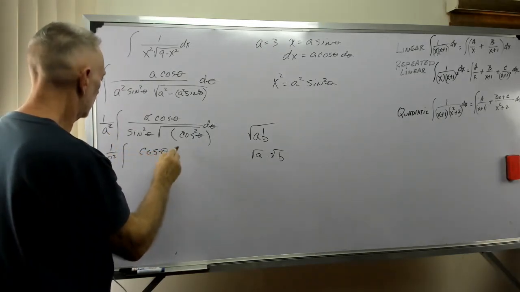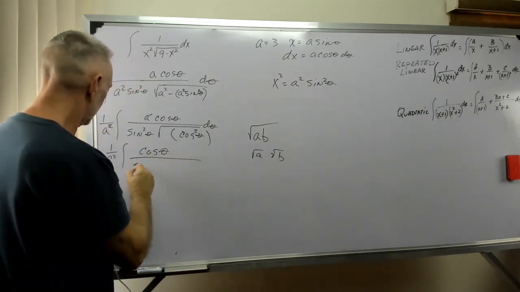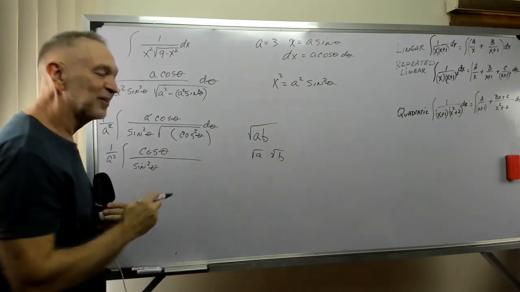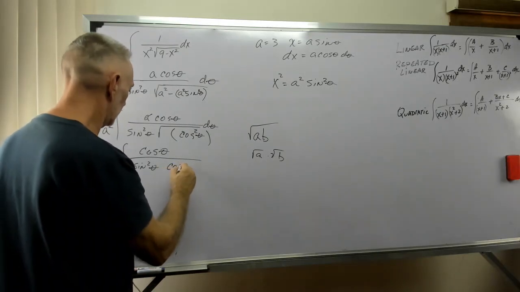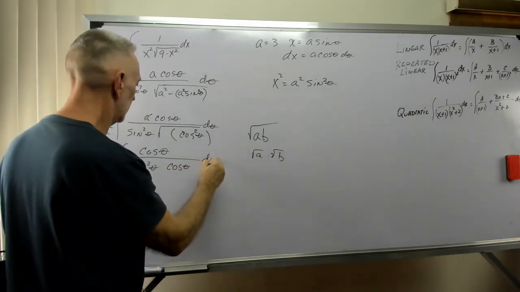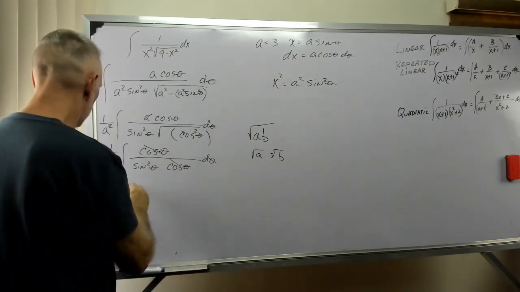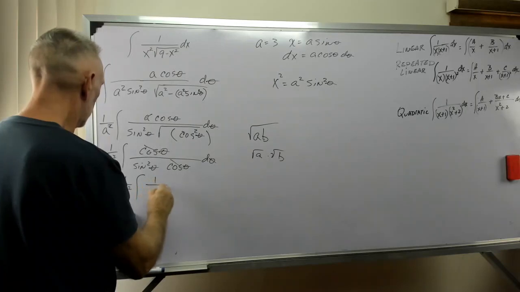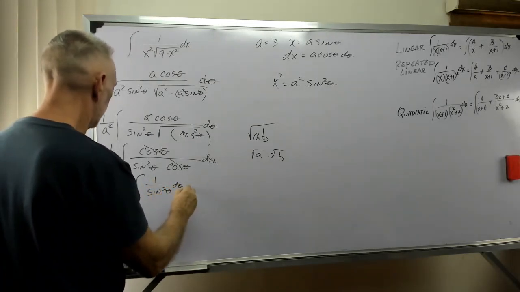Cosine theta. Sorry, I have a big crack in my board here. I guess it overheated. All right, square root of cosine squared is cosine theta. Oh, this is looking good. d theta. Those cancel. So now I have 1 over a squared, the integral of 1 over sine squared theta d theta.